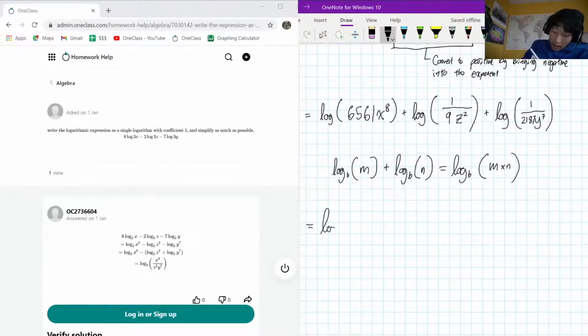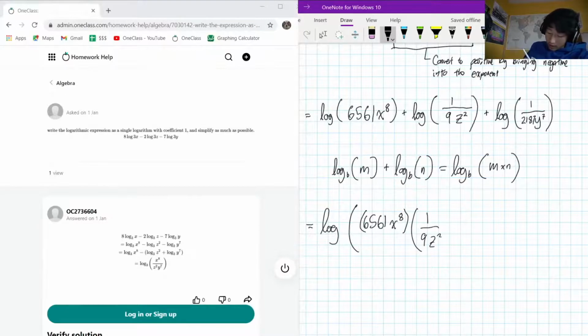Here we got log. Now we just got to multiply all of the in-bracket stuff together. So we can show this more explicitly: 6561 x to the 8, multiplied by 1 over 9z squared, multiplied by 1 over 2187 y to the 7. And that's all in brackets.